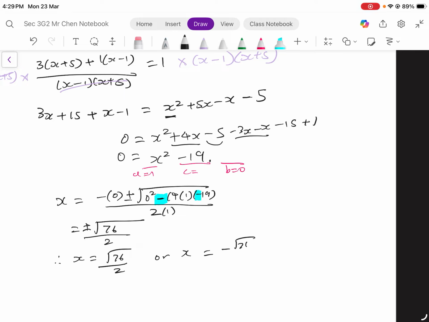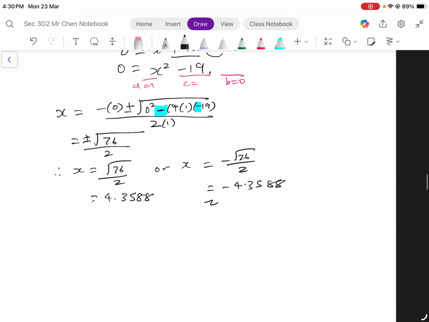Then you will have x equals positive square root 76 over 2, or minus square root 76 over 2. So it should get 4.3588, or minus 4.3588.